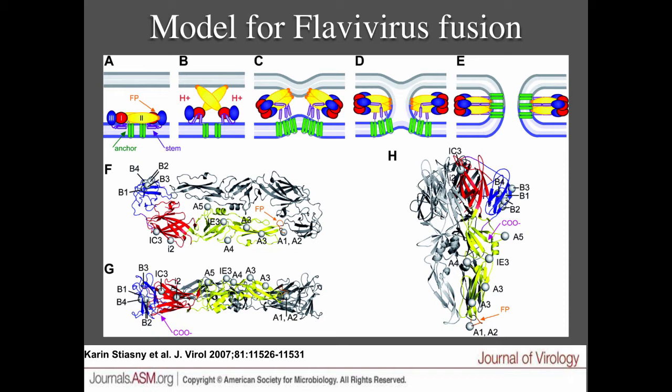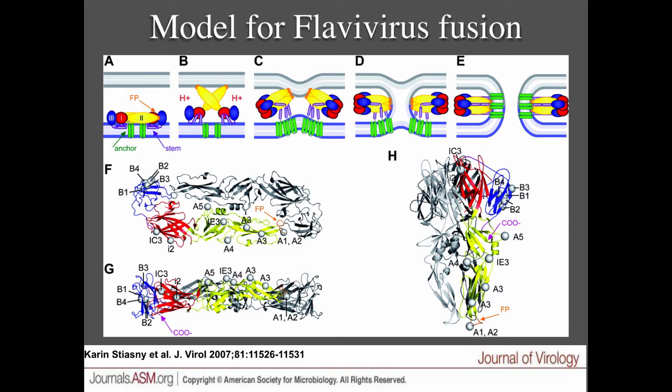You release this little tip of domain 2, which is the fusion peptide that inserts into the target membrane. Then that conformational change results in a further reorganization. So the envelope proteins have these transmembrane domains in the viral membrane. So as this reforms, the fusion peptide on this end and the viral transmembrane domains tend to pull the membranes into opposition of each other.